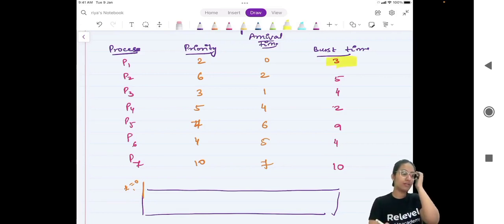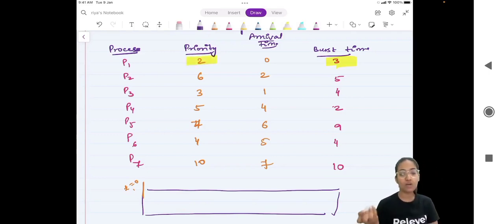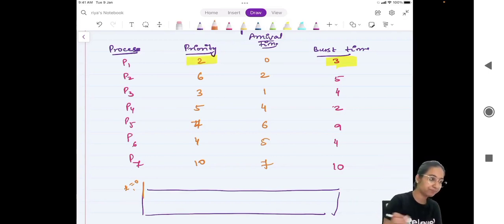The priority of the process is 2, but since there are no other processes right now, we are going to execute it immediately. So the P1 process will get executed from 0 to 3.